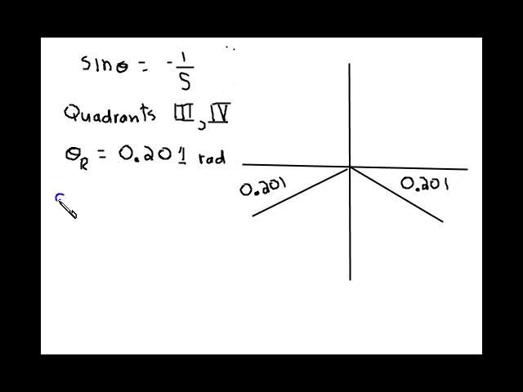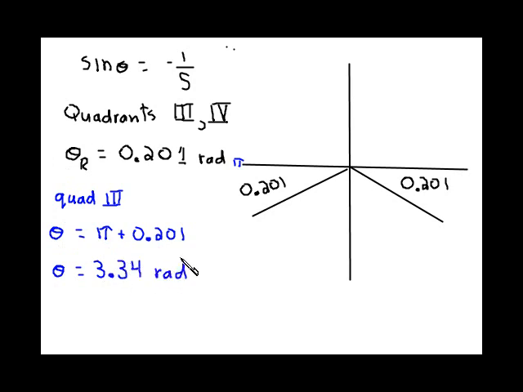In quadrant 3, and I'll do that right below, in quadrant 3, in order to find our rotation angle, I've got to go pi, which is right there, plus 0.201. And that is going to give me 3.34 rads.